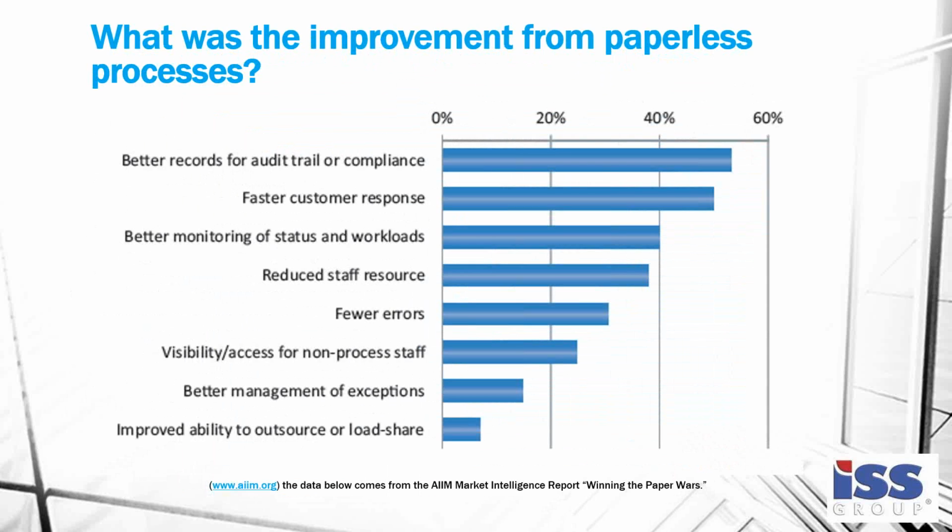Fewer errors. Because we have so much error trapping capability within the default screens that we build, people don't put in junk information. And if you don't put in junk information, you don't get junk results. Also, we have this huge improvement in visibility.